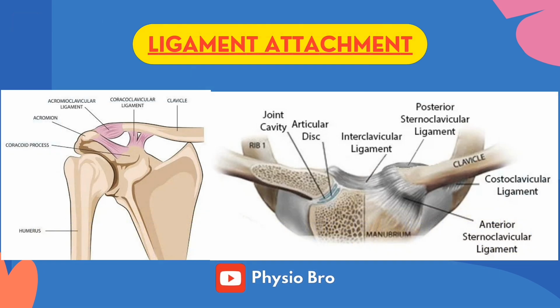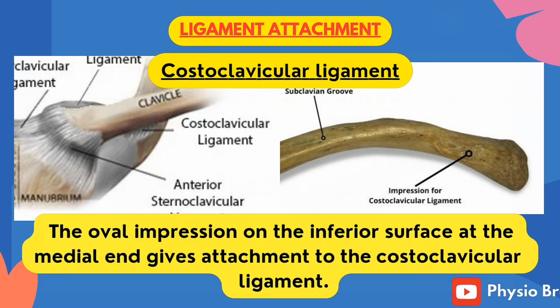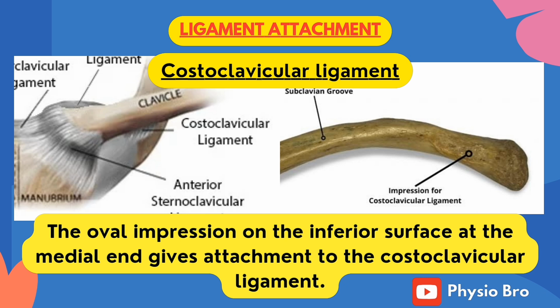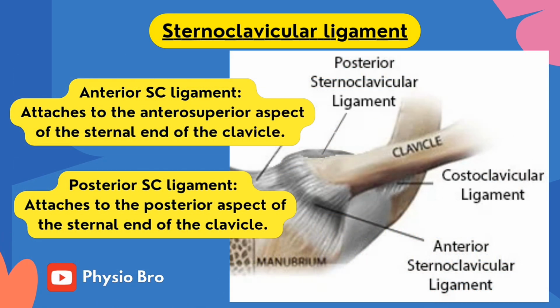Ligament attachment. Interclavicular ligament attaches superiorly on medial aspect of medial end. Articular disc attaches to the posterior superior aspect of the medial end of the clavicle. Costoclavicular ligament. The oval impression on the inferior surface at the medial end gives attachment to the costoclavicular ligament. Sternoclavicular ligament.